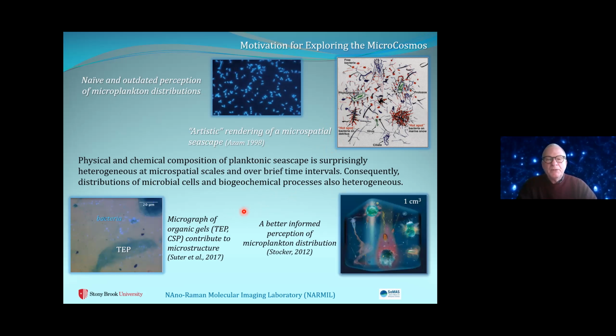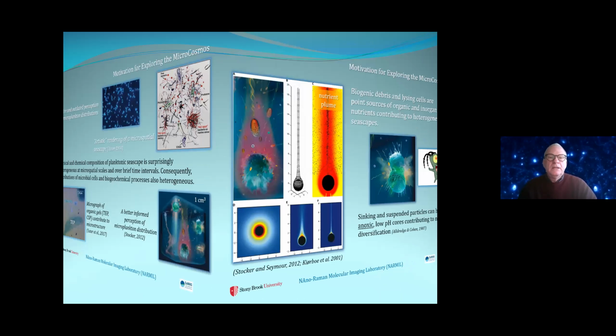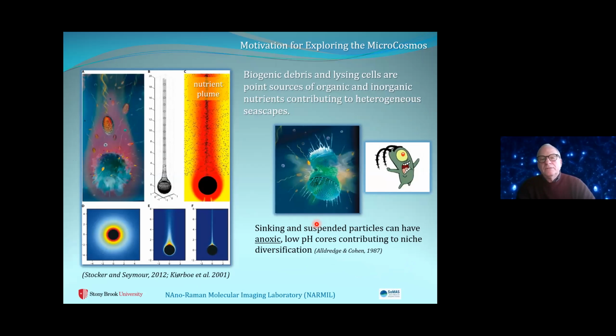As you can see, there's a lot going on here. It's very, very heterogeneous, and the bulk measurements that we make don't inform us about what's going on there. We have small spatial scale gradients in all kinds of nutrients and organic substrates that are caused by decomposition, cell lysis, etc.